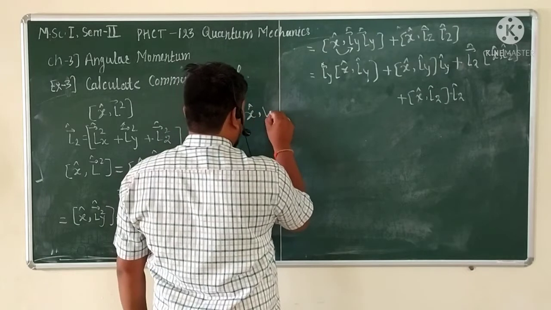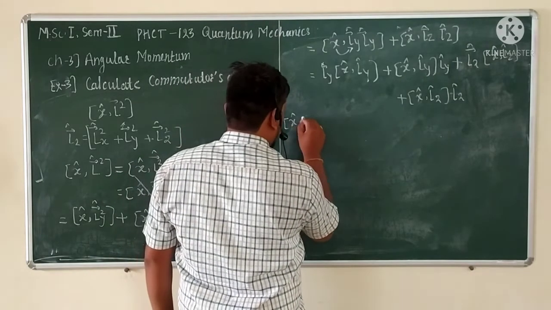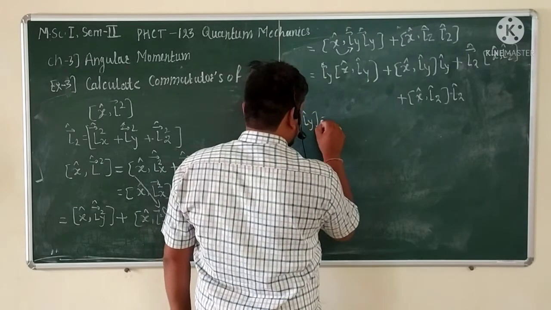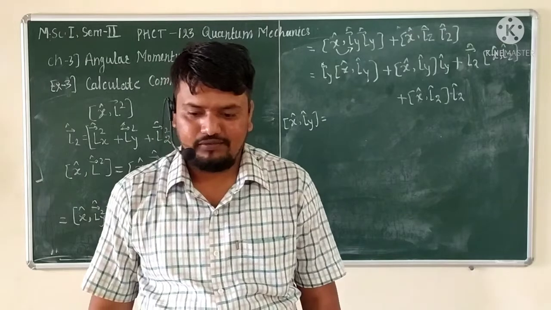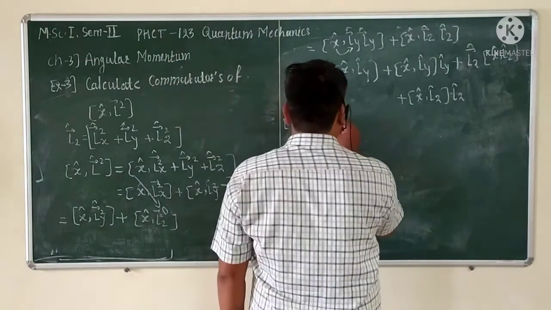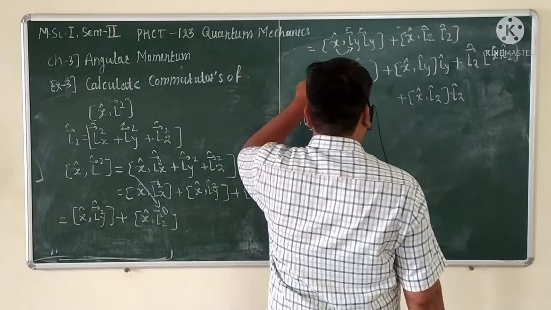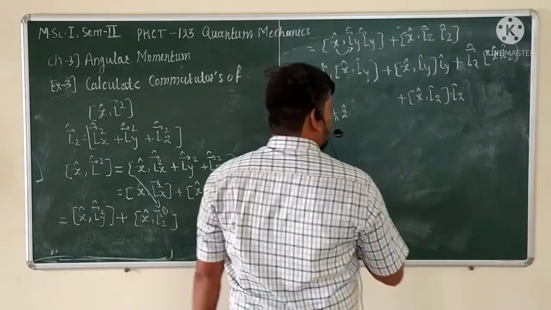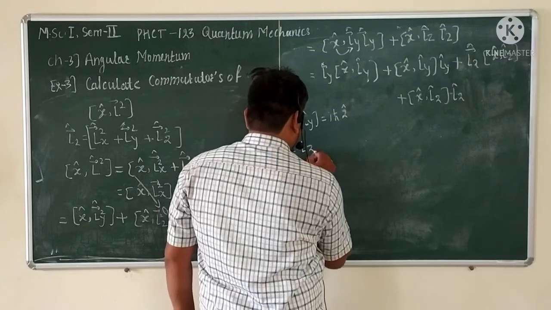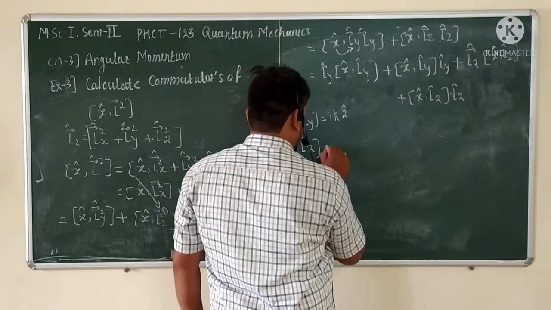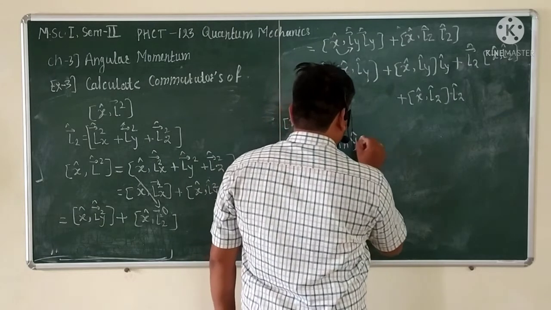Okay, we have to know the result of this, in the last property we have to see x cap comma Ly cap. Okay, x cap comma Ly cap is nothing but i h cross of z cap, and this is x cap comma Lz cap, and this property is nothing but minus i h cross of y cap.